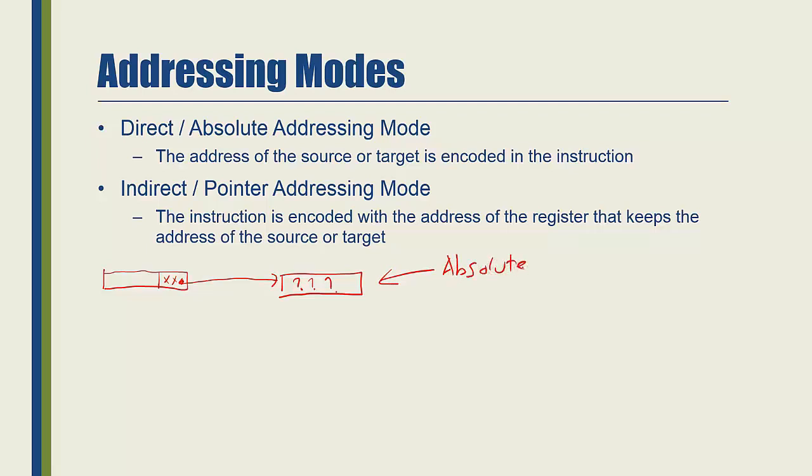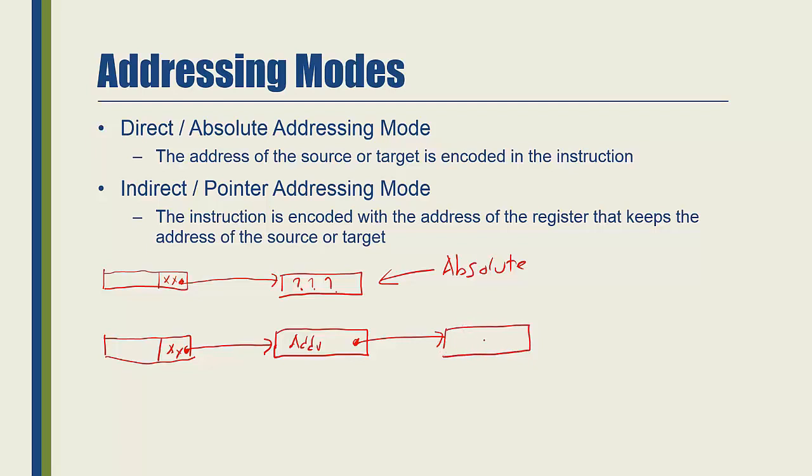But in indirect or pointer addressing mode, we still have the opcode pointing to a register or memory address, but inside there, either the register or the memory address, is another address that will point to either a register, if the number of registers is large enough, or most likely a memory location.